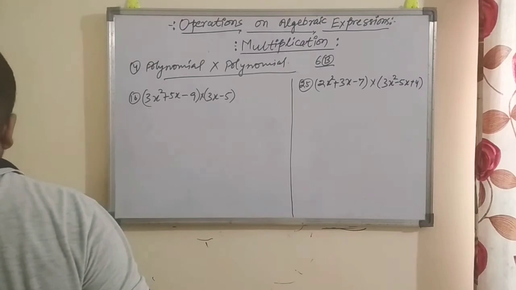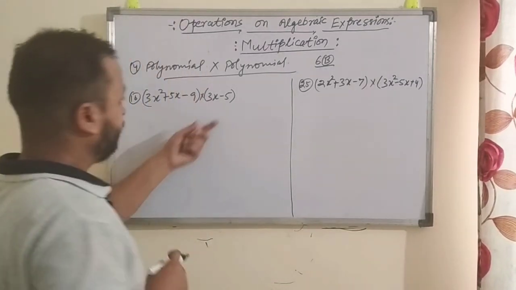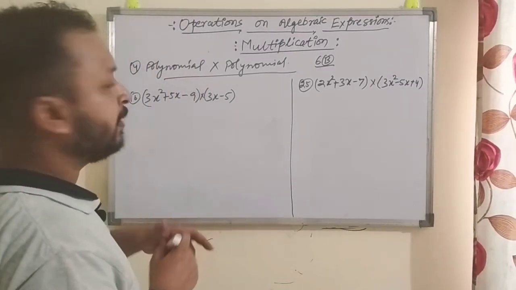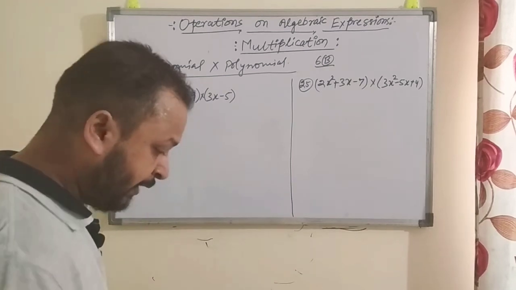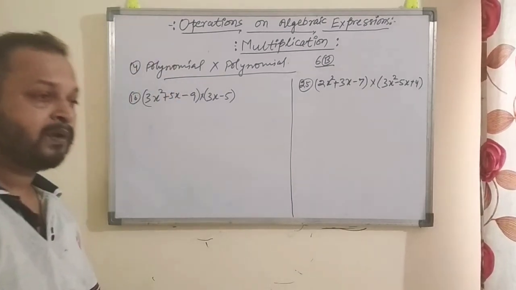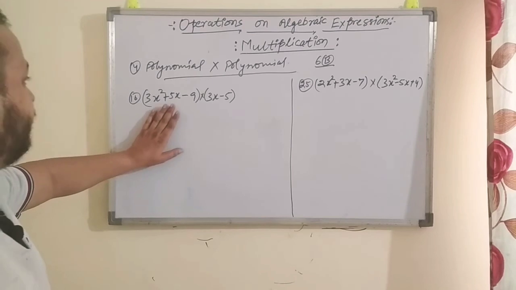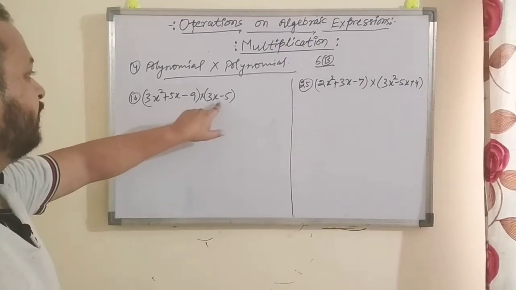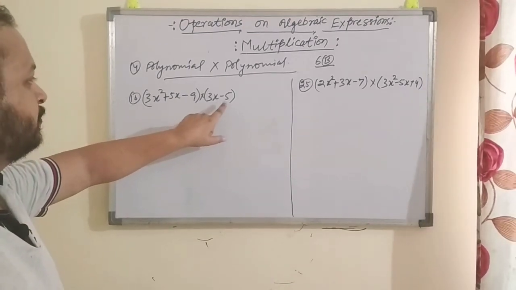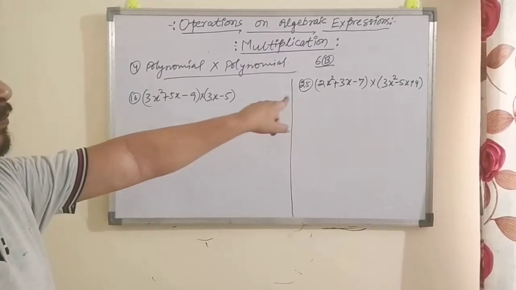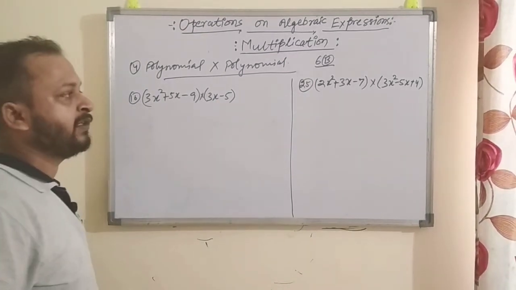So a binomial also comes under the polynomial category, right? So in the first part, one polynomial is having two terms, and here both the polynomials are having three terms.